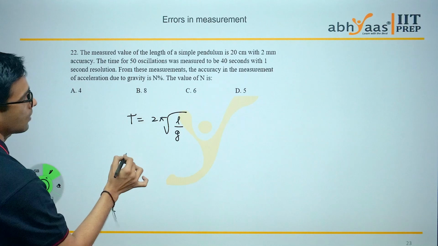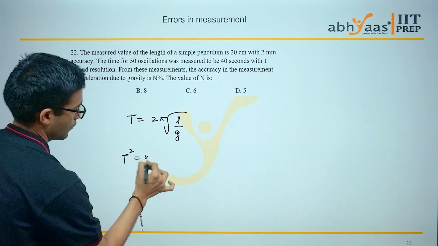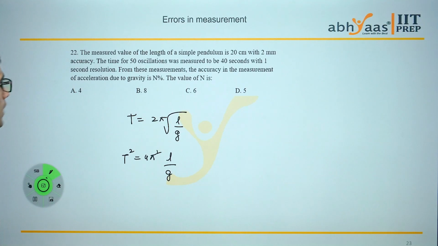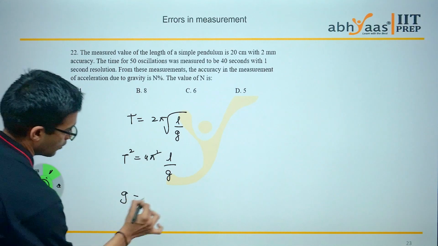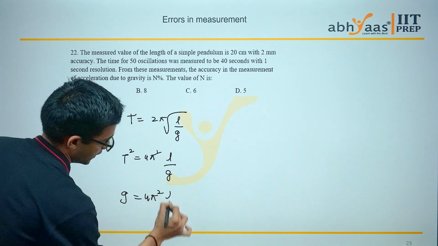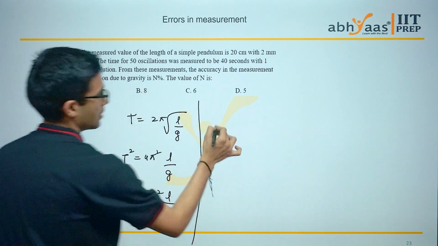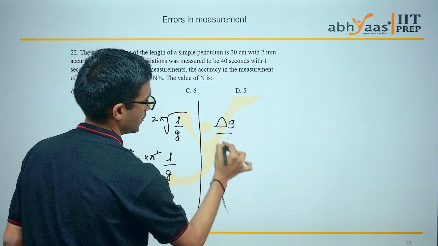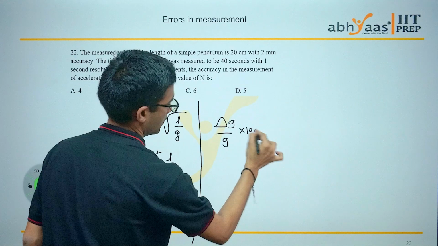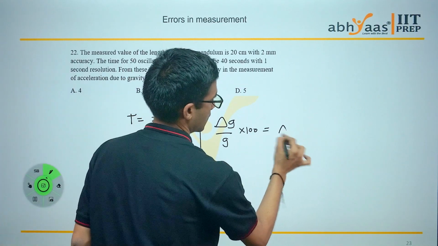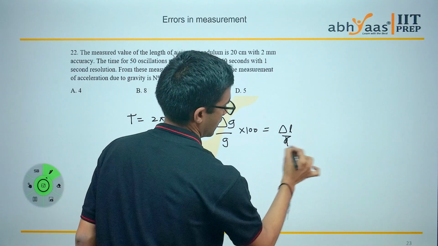Squaring both sides, T square is equal to 4 pi square L by g. What you have to calculate is the error in g, the accuracy in measurement. So g is equal to 4 pi square L by T square. Then delta g by g into 100, which is what we have to calculate, is equal to, since 4 pi square is a constant, delta L by L.